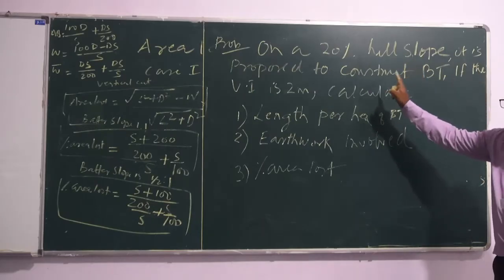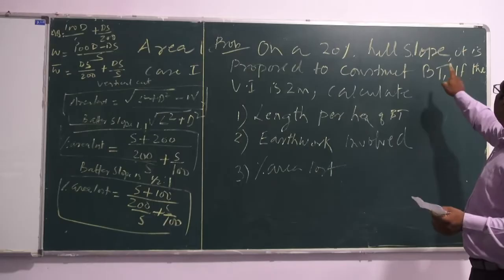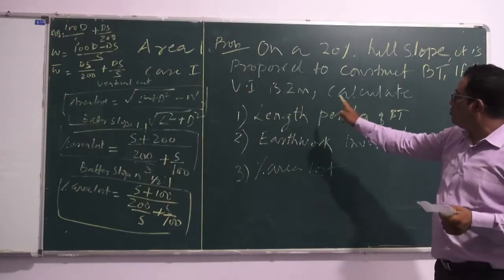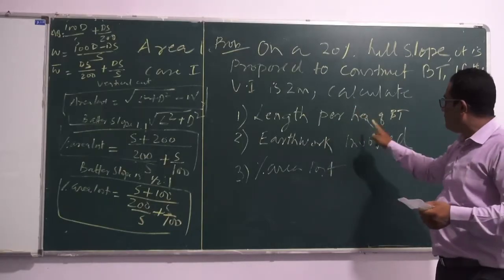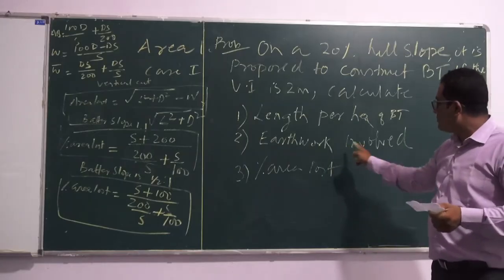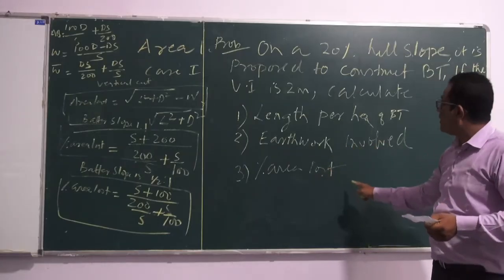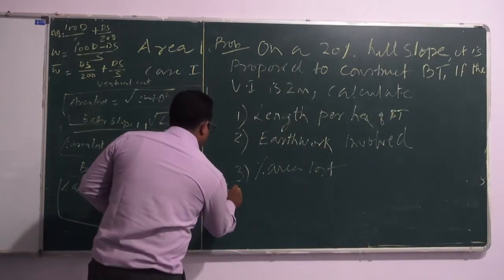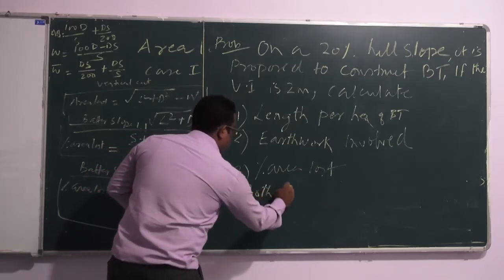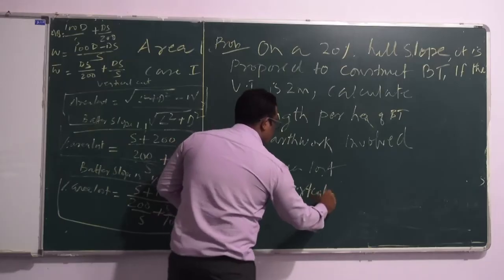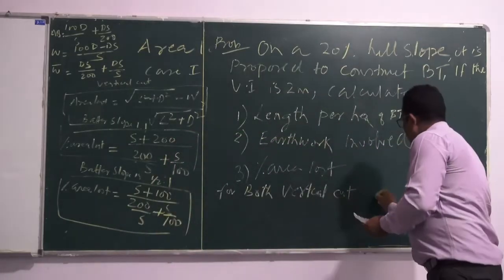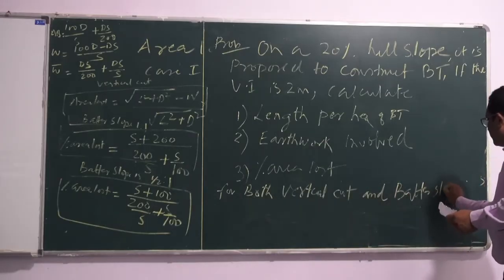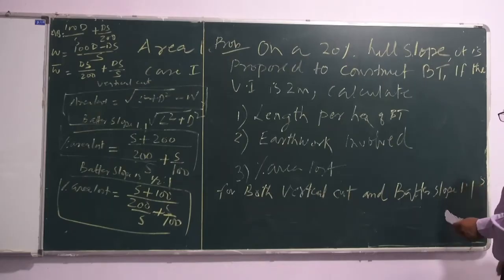First, what is given? The land slope is 20%, and the vertical interval, that is the spacing between two bunds, vertical spacing is 2 meter. What you have to calculate? The length per hectare of bench terrace. Second, the earthwork involved, and third is the percentage area lost. For both vertical cut and better slope 1:1.